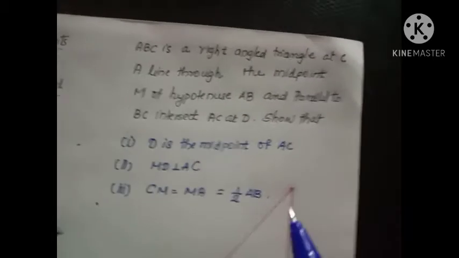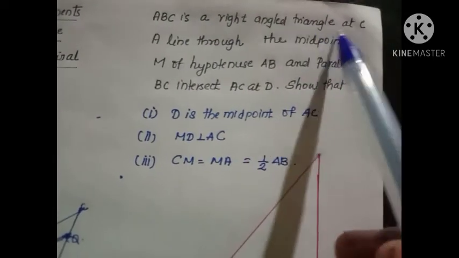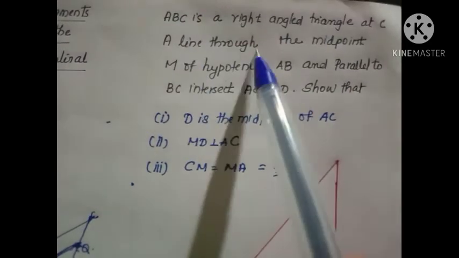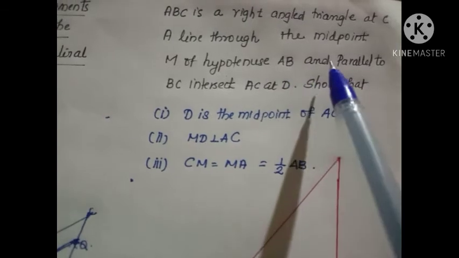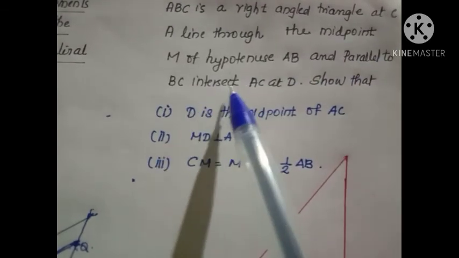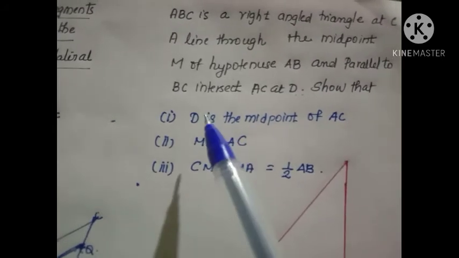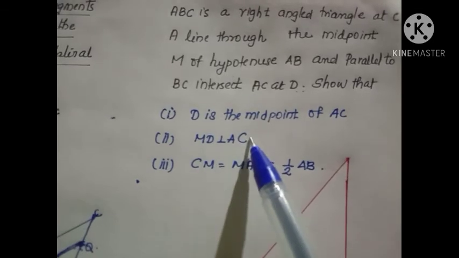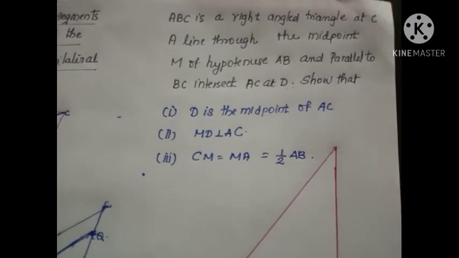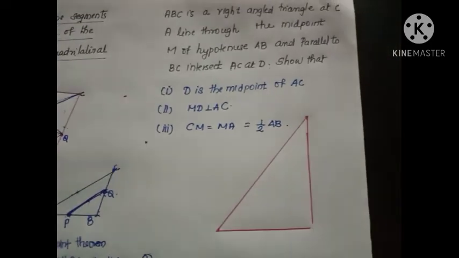Let's see the next question. This is our last question in our exercise. ABC is a right angle triangle at C. A line through the midpoint M of hypotenuse AB and parallel to BC intersects AC at D. Show that D is the midpoint of AC, MD is perpendicular to AC, CM is equal to MA is equal to half of AB.